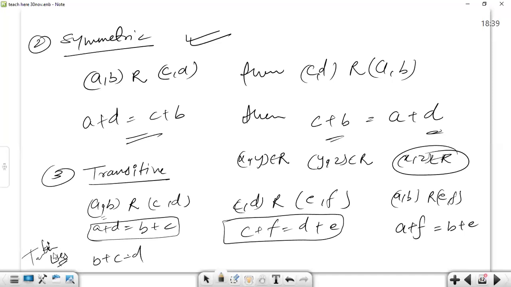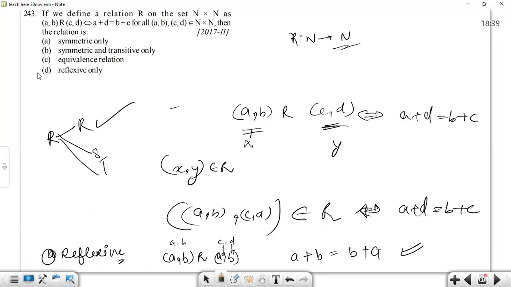B plus C minus D is A, and F is D plus E minus C. So let's solve it: C minus C, D minus D, leaving B plus E, which is the right hand side. So hence the given relation is transitive also, and reflexive also. So the relation is an equivalence relation. Understood? Yes, sir. Okay, great.